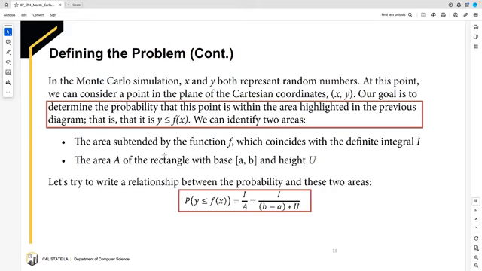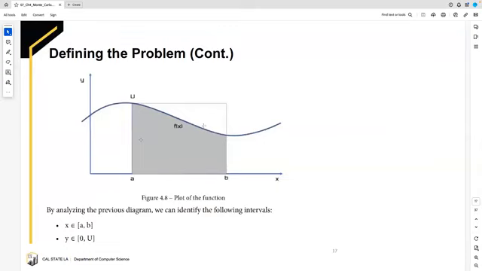And when it comes to Monte Carlo simulation, recall that we are generating random numbers, right? If I'm generating random numbers in this box, two cases may happen. Some of those random numbers are less than or equal to f of x, and some are not. They are in the white area.